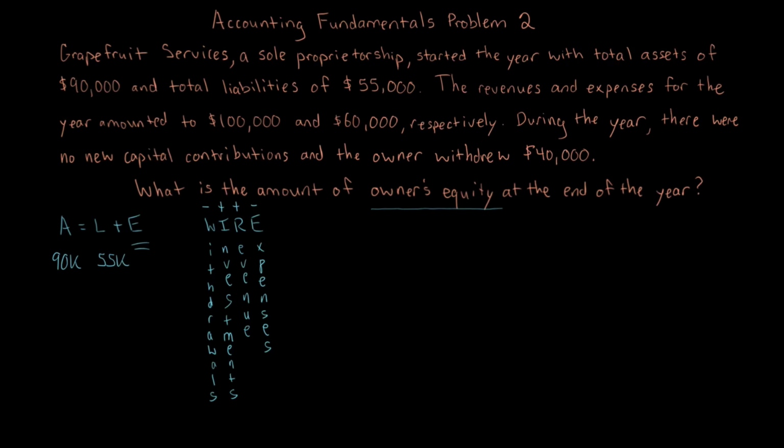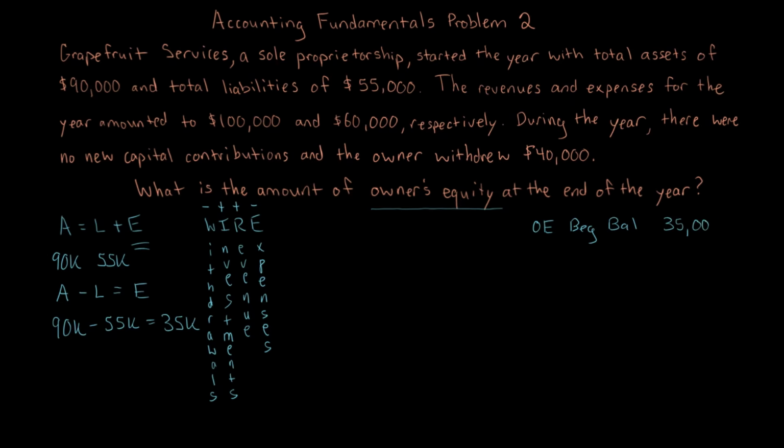So at the start of the year, we can solve for equity by taking assets minus liabilities, and that will give us equity. Just use a little bit of algebra there. So 90,000 minus 55,000 is going to give us 35,000.